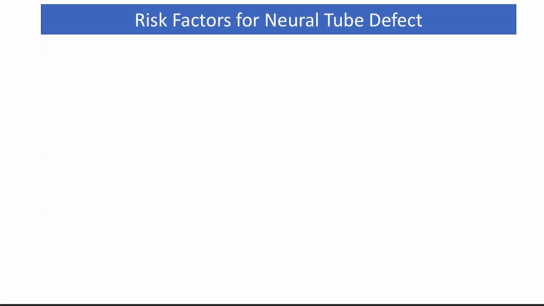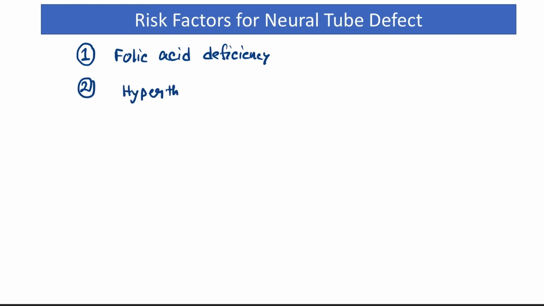Now let us discuss the risk factors for neural tube defects. The most important risk factor is folic acid deficiency. It can occur due to hyperthermia and also some anti-epileptic drugs.